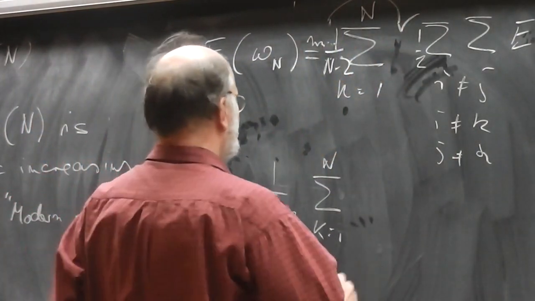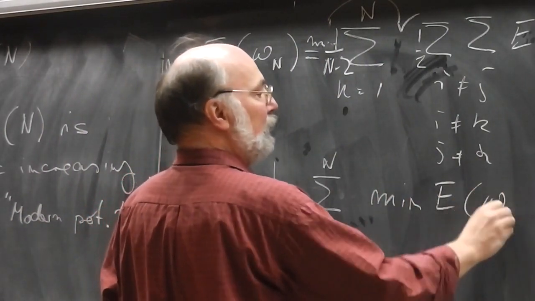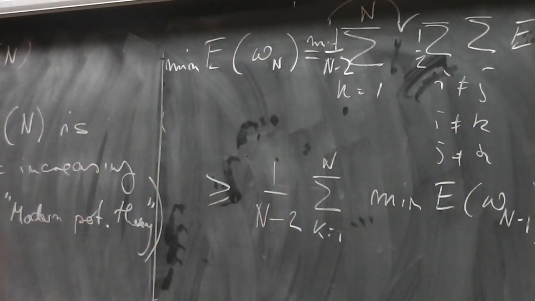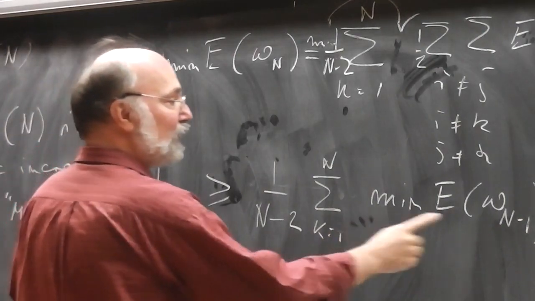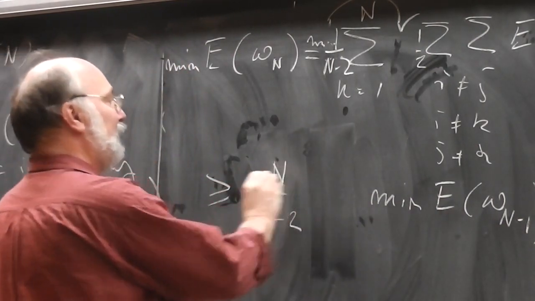So in total I can write this, because it doesn't matter which one I've taken out, it's always an n minus 1 point configuration, and if I minimize, I always get the same number. So this doesn't depend on k, and I can take this out and put an n here.